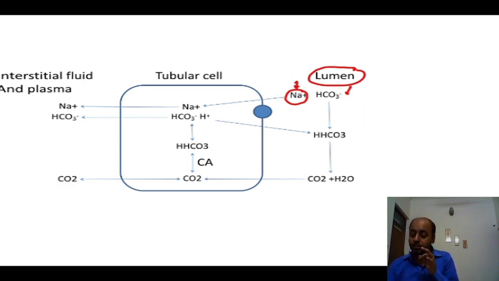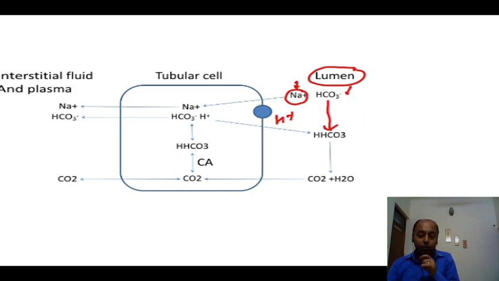So sodium is taken up in exchange for H plus. All right, we have the sodium proton exchanger, antiporter. So it will take up the sodium and bring the H plus outside. This H plus will combine with the bicarbonate ion, form the carbonic acid, which will then quickly dissolve into CO2 and H2O. This CO2 moves inside.